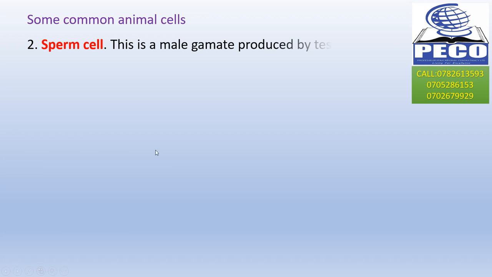Okay, our second cell we want to mention today is a sperm cell. And the sperm cell is a male gamete produced by the testes of males, not girls. So that's why you call it the male gamete. If they are men, we say male gametes.